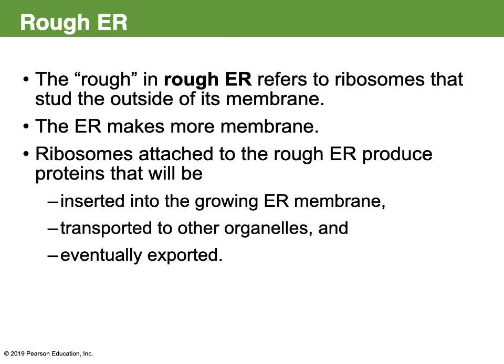So the ER also makes more membrane. Right? If you're pinching off little bubbles and sending things off, it's making the membrane that's going to be packaging this stuff. So you're replacing membrane through the ER. Ribosomes attached to the rough ER will produce proteins that are basically spooled into the growing ER membrane.